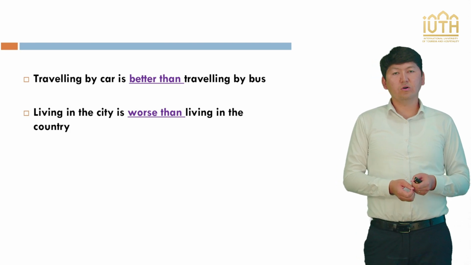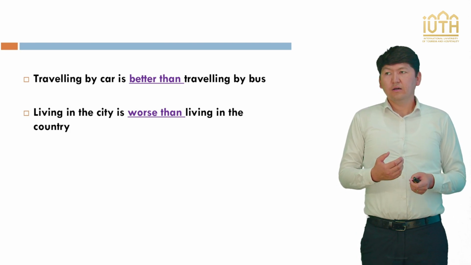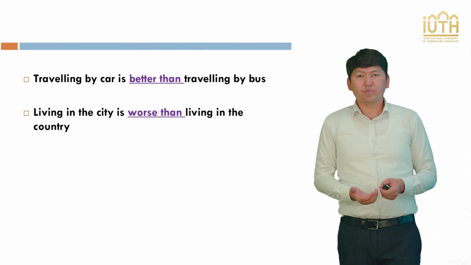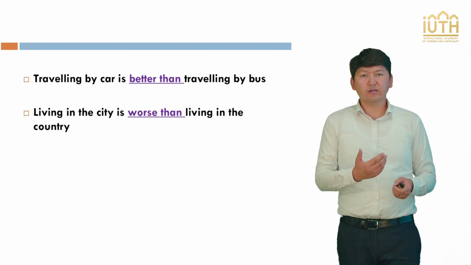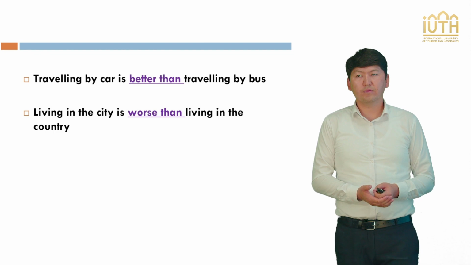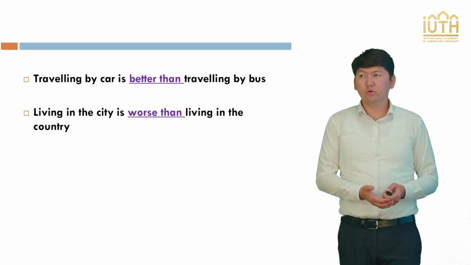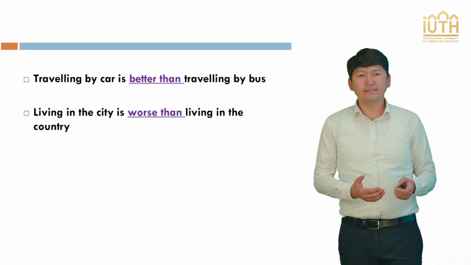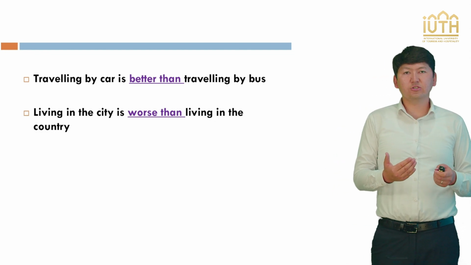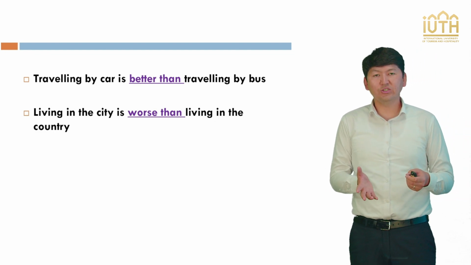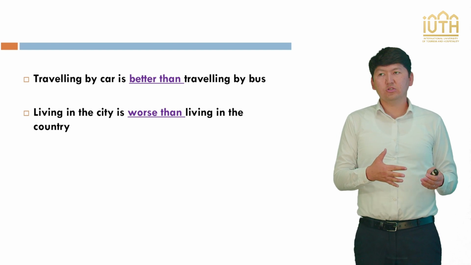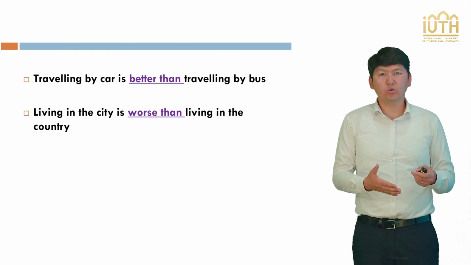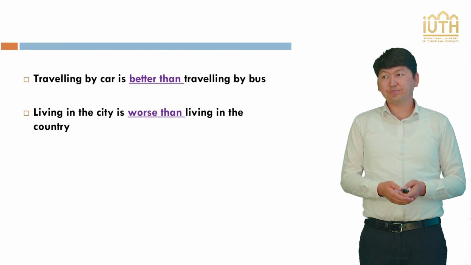So we can also compare by using these irregular adjectives. And sometimes we can also use as. We can say as strong as or as dangerous as. So it's also one way of comparing things.